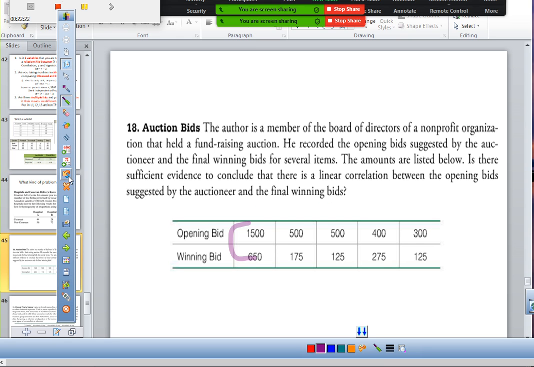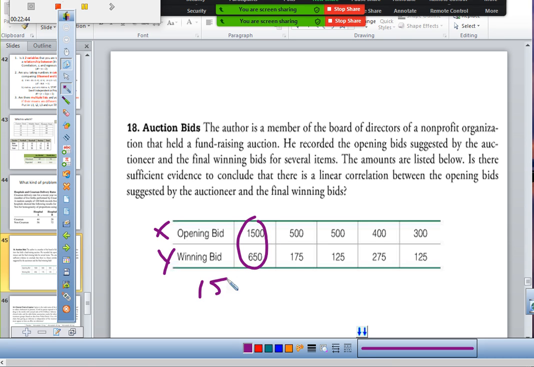All right, well then that leaves me with ANOVA, but I need 3 or more lists, and there are only 2 lists. So it leaves me with only this being my X and my Y. That's my only option here. And these are pairs, so this would be 1500, 650.